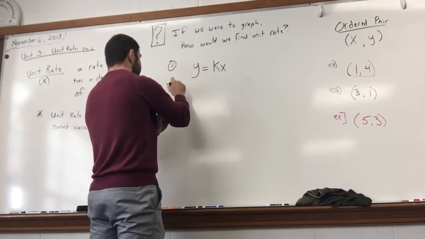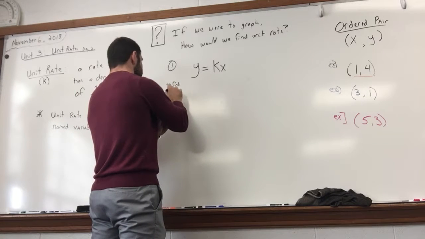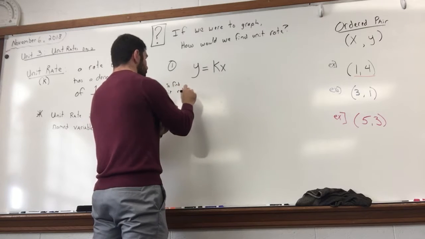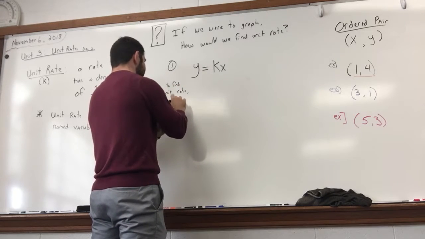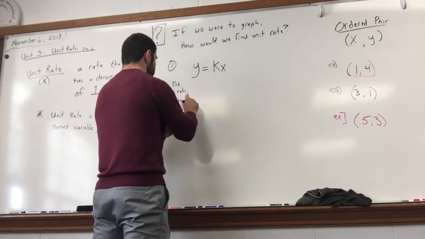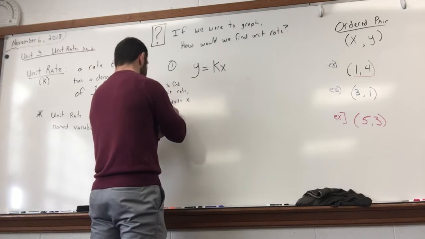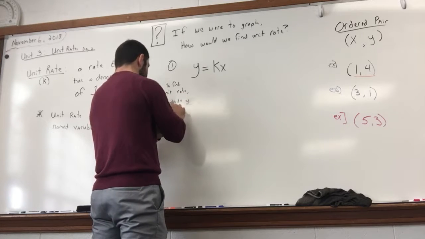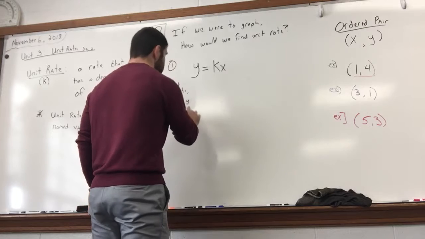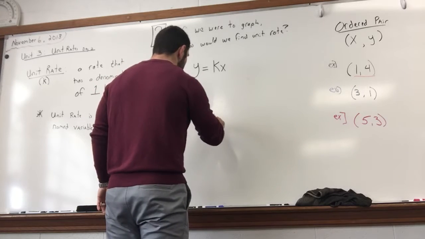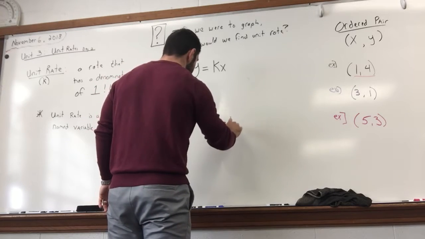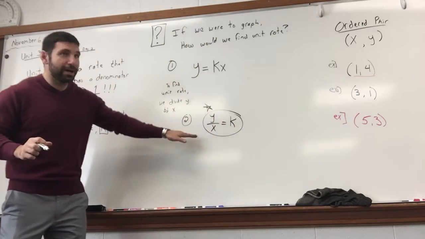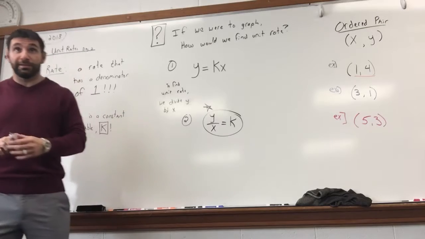So to find unit rate, we divide y by x. So step 2 says it's y divided by x equals k. This right here is what we want.